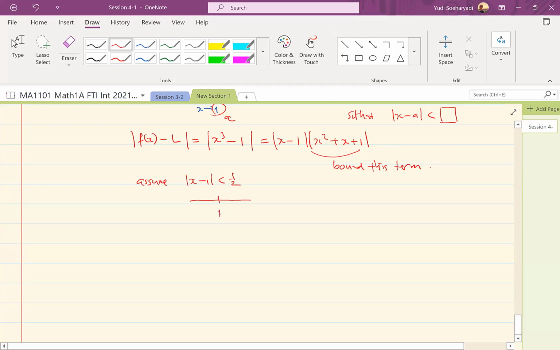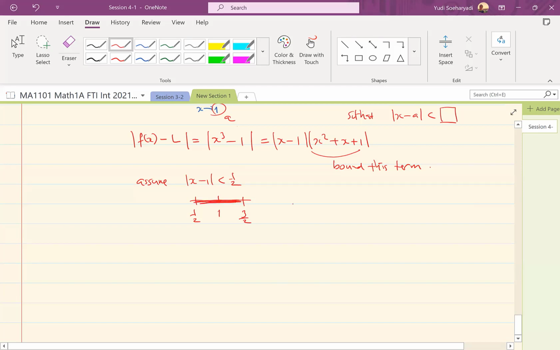So why not 1/5? 1/5 is okay, 1/10 is okay. You can use that. Why not, for example, 2? With 2 there's a bit of a problem, because the range of x includes some negative numbers. We want to avoid that. So this is the range.